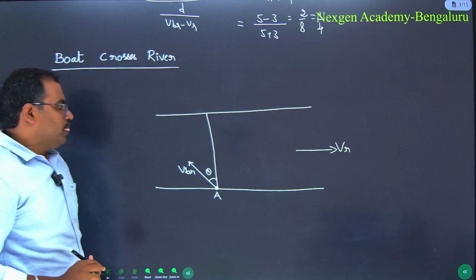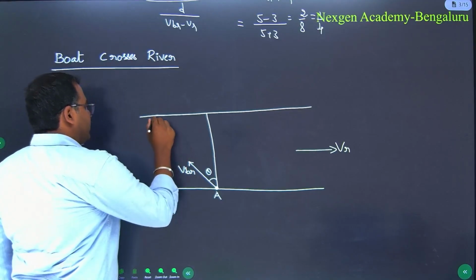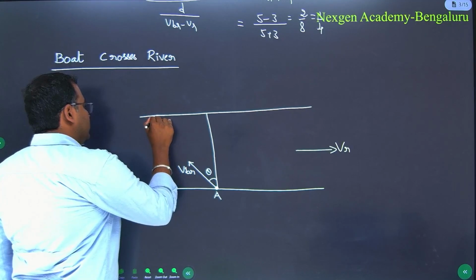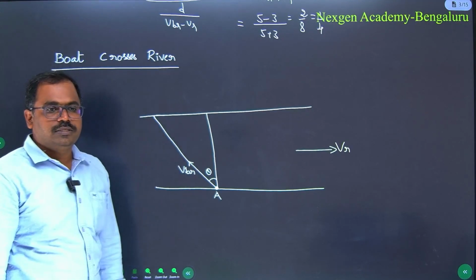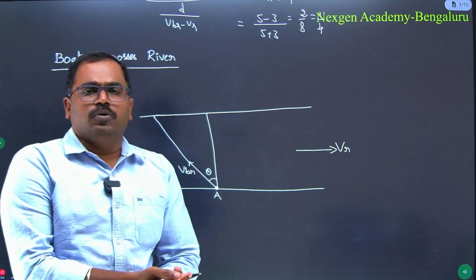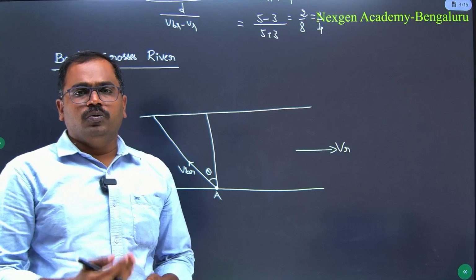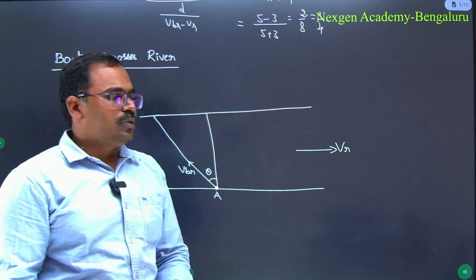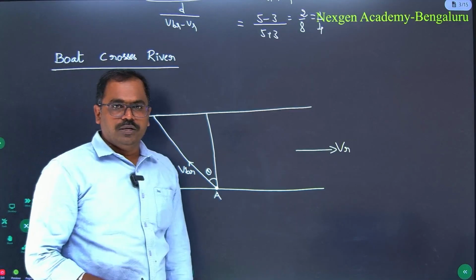Now, if this boat is traveling along this direction continuously, what is the absolute velocity of the boat, which means the velocity of the boat with respect to ground? That's the concept. Here this VBR can be resolved into two components. What are those?